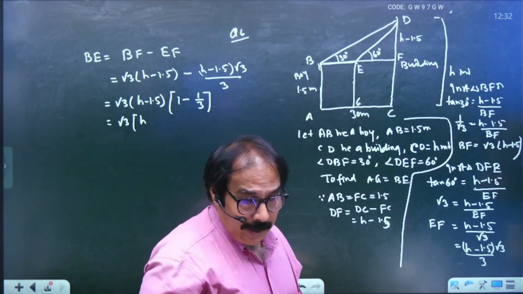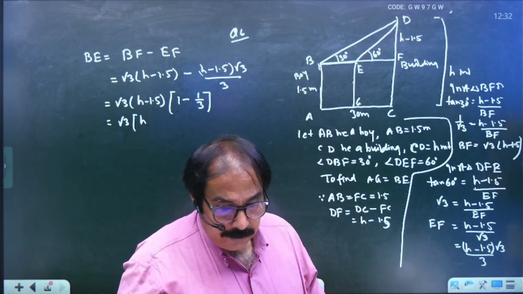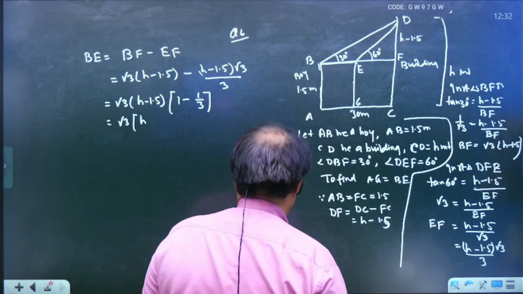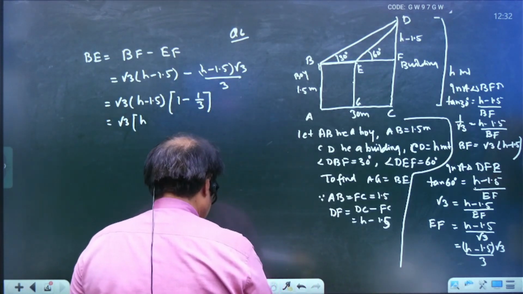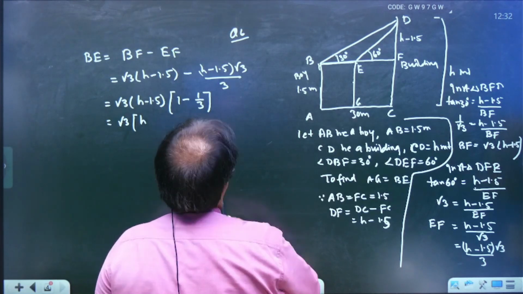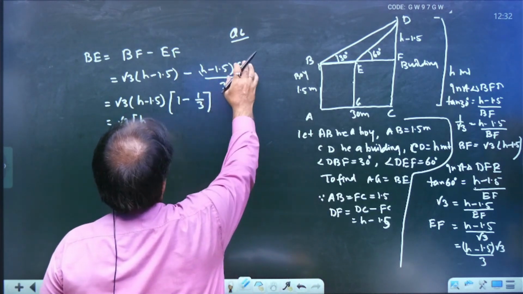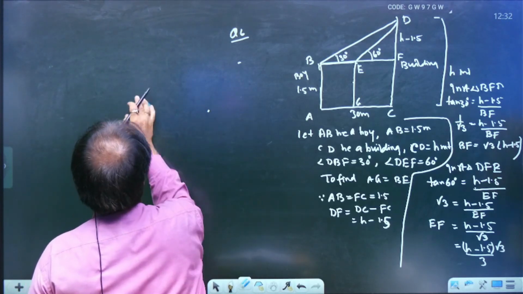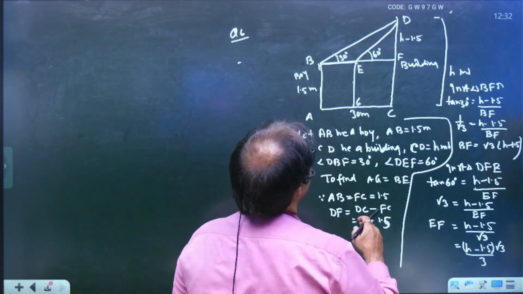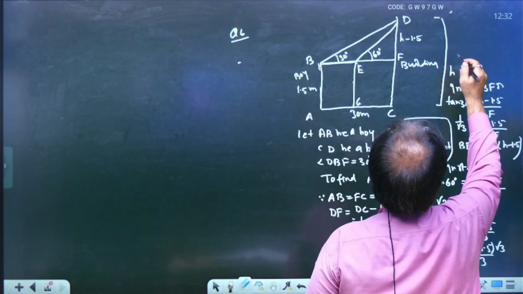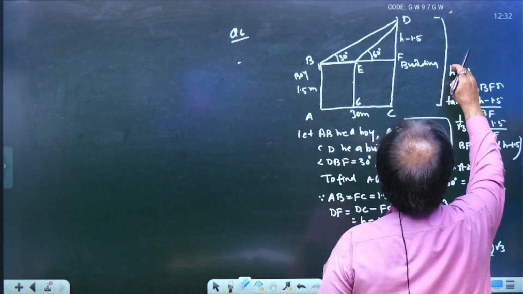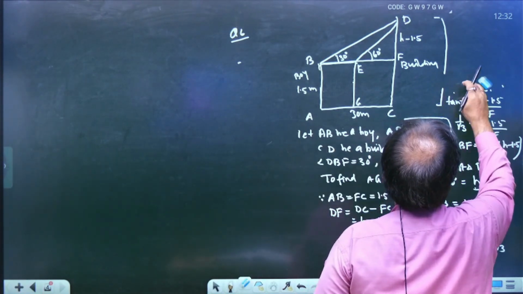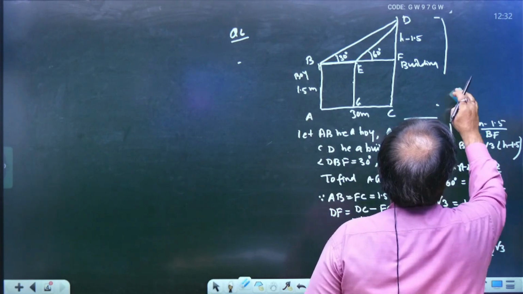Sorry, the height of the building is given: a 30-meter tall building is given. Very sorry. I will simplify this question again. This part I will solve again because I didn't use the height. This height is given, not that height.